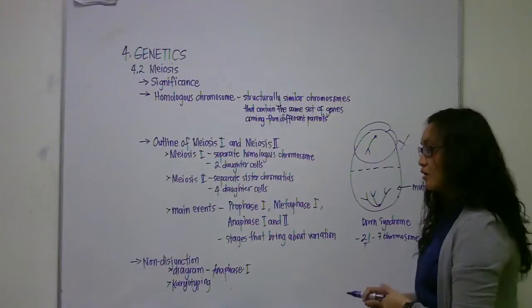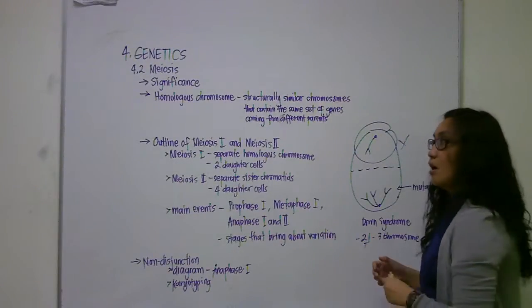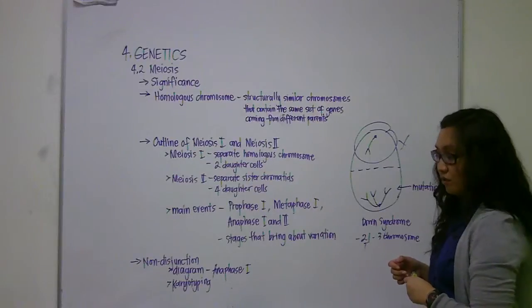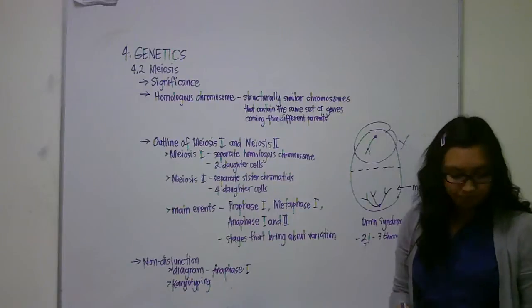Karyotyping is also used to identify the gender of an individual because it also shows the length of the sex chromosome.